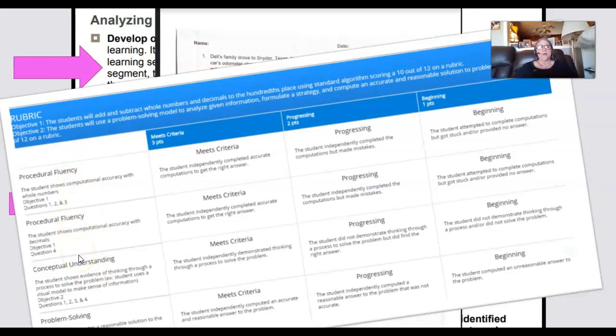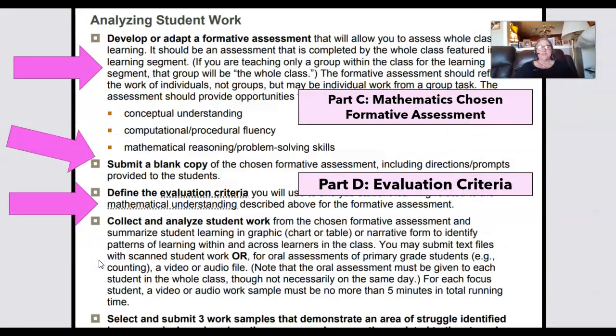Very good job on that. So again, in this part of your task 4, you're going to have a blank copy of your formative assessment, and that's going to be your part C in your artifact chart, and then your evaluation criteria, which is part D.